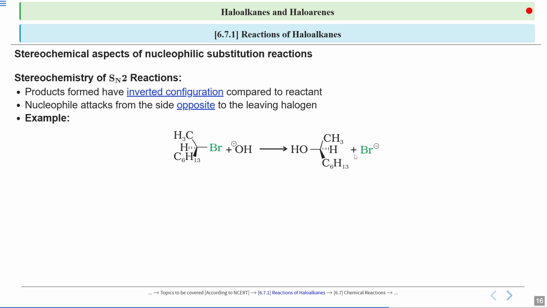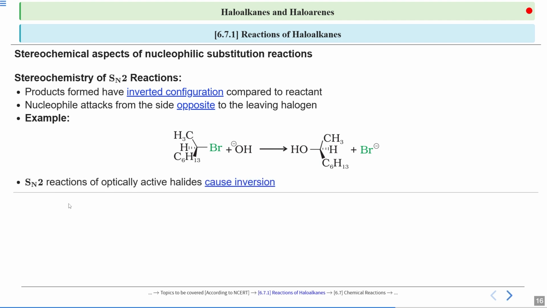This is a single-step reaction, and due to the back attack of the nucleophile on the carbon, the configuration of the product is inverted from the reactant configuration. So SN2 reactions of optically active halides cause inversion of the compounds.